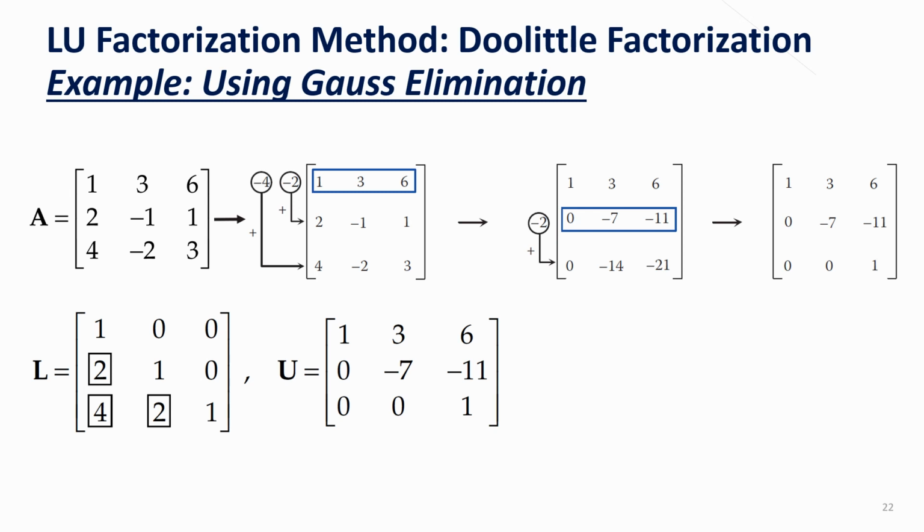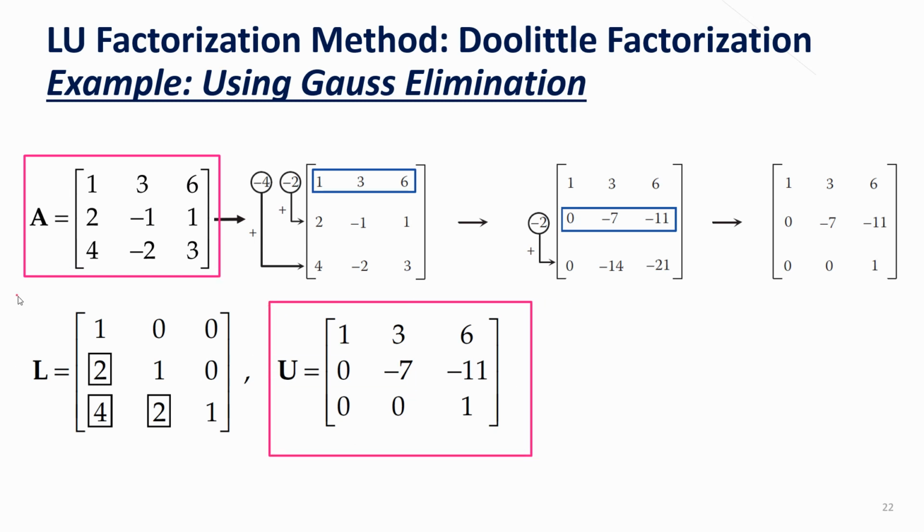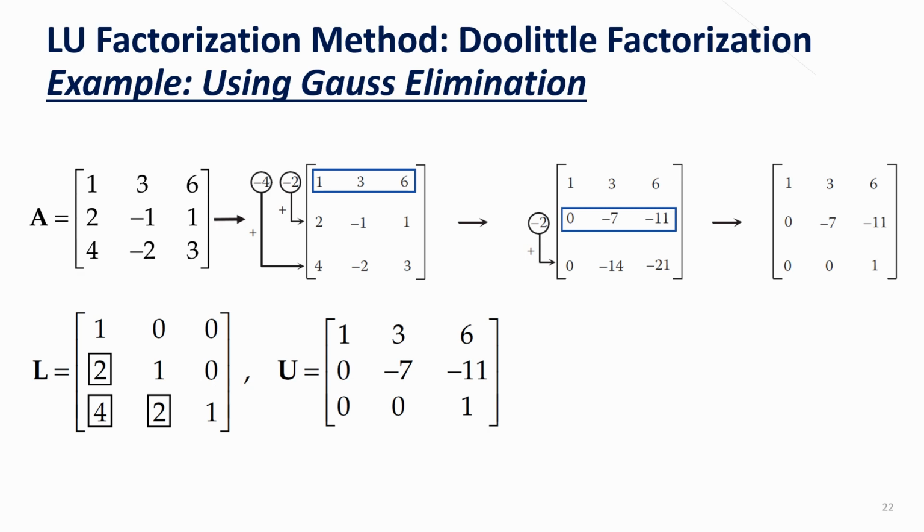Here we have the matrix A, right? And then we're going to generate matrix U and L. I know the answer is already shown here. However, assume that you don't have these values first.